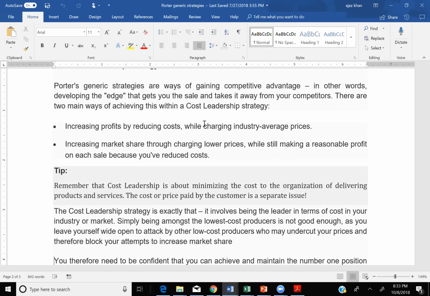That is, you are using expensive marketing channels to market your product. It will mean that you have a misfit marketing strategy to support the cost leadership strategy. Similarly, in case of product differentiation, you'll have to have the same approach across the organization if you really want the strategy to be successful.